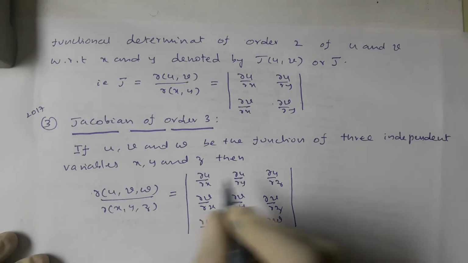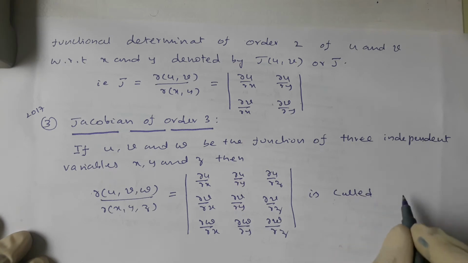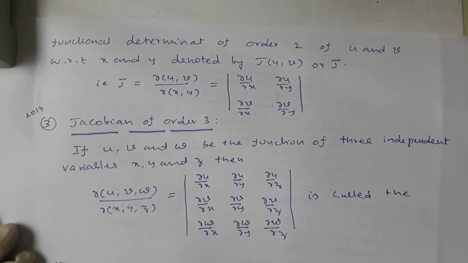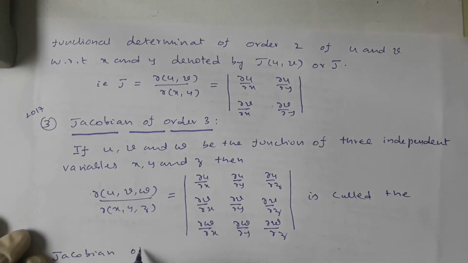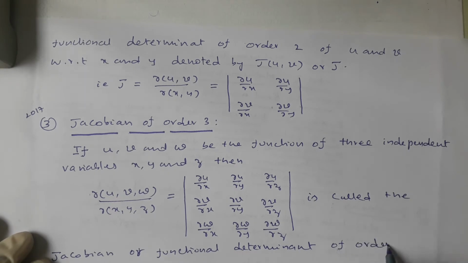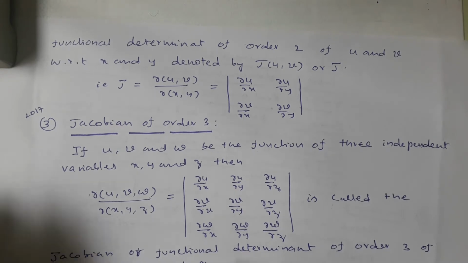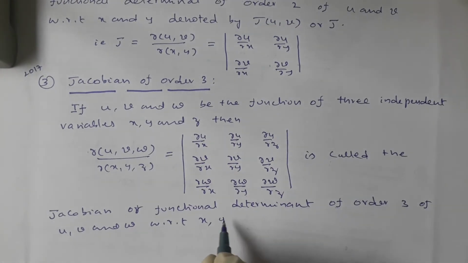Then this is called the Jacobian or functional determinant of order 3 of u comma v and w with respect to x comma y and z.